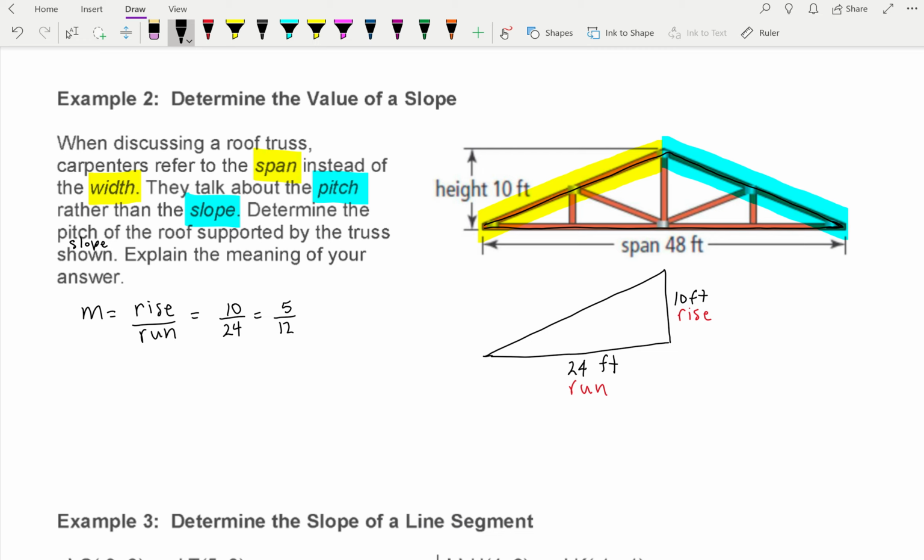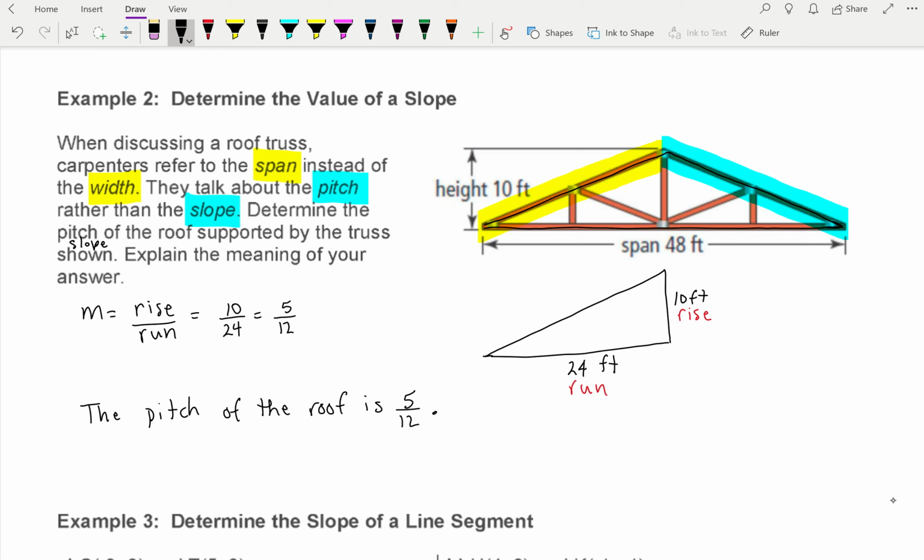The second part of the question asks you to explain the meaning of your answer. Well, we know that the ratio 5/12 is the pitch, so we can say the pitch of the roof is 5/12. So what does it mean?